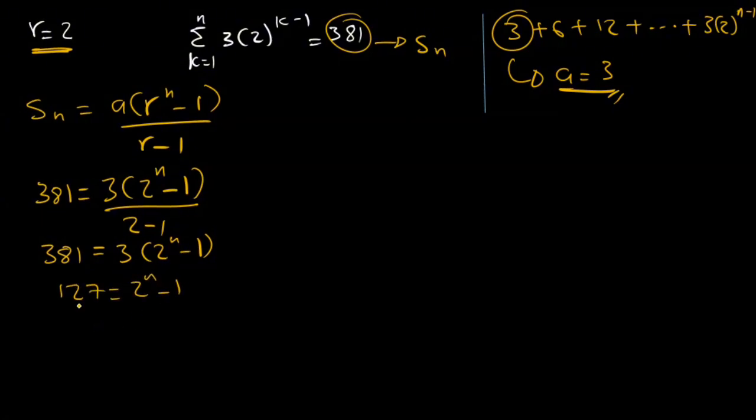Take the 1 to the other side. 128 equals 2 to the power n. I just want to find out what number I can put here that will give me, as a whole, 128. That is 7. If I put 7 there, 2 raised to exponent 7 will give me 128.